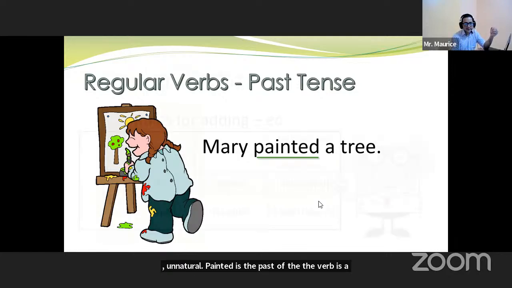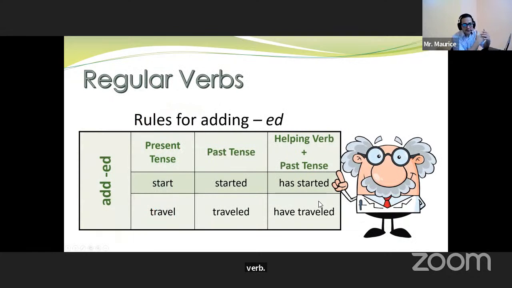Take a look. Como primera regla tenemos que a la mayoría de los verbos regulares se les añade simplemente ed. Como usted ve aquí, start and travel. Start, travel son verbos regulares y están en presente.